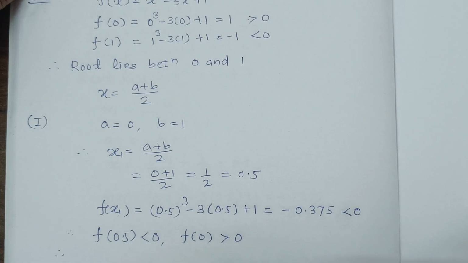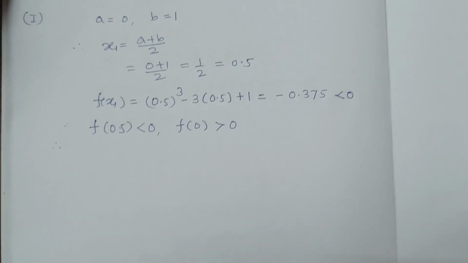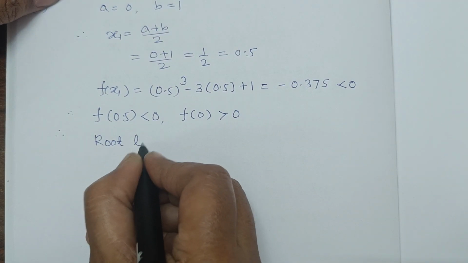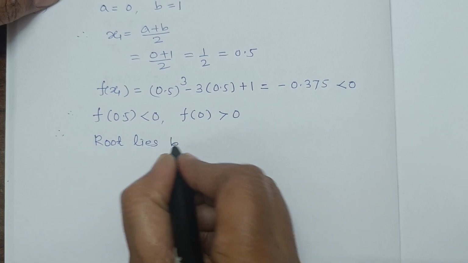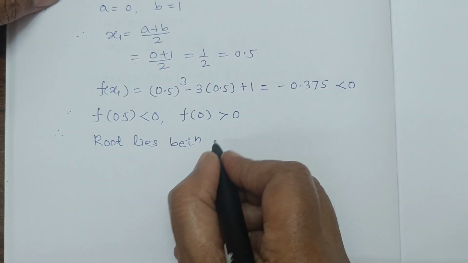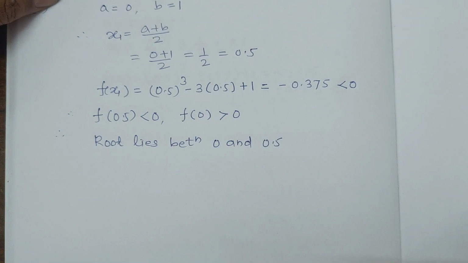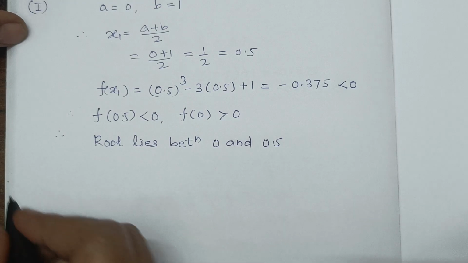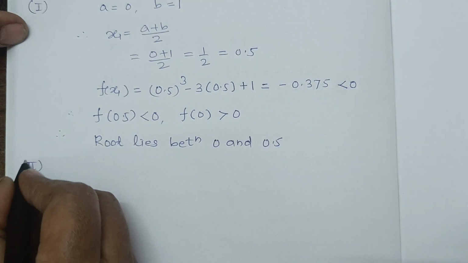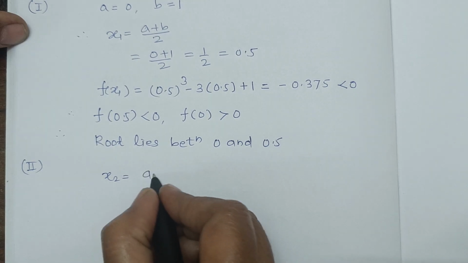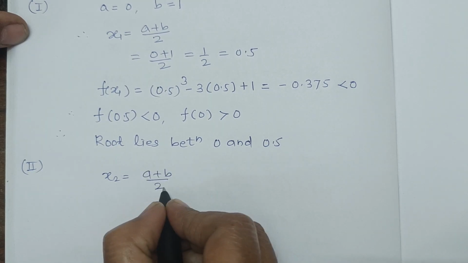Therefore root lies between 0 and 0.5. Therefore second iteration, x2 is equal to (a plus b) divided by 2.